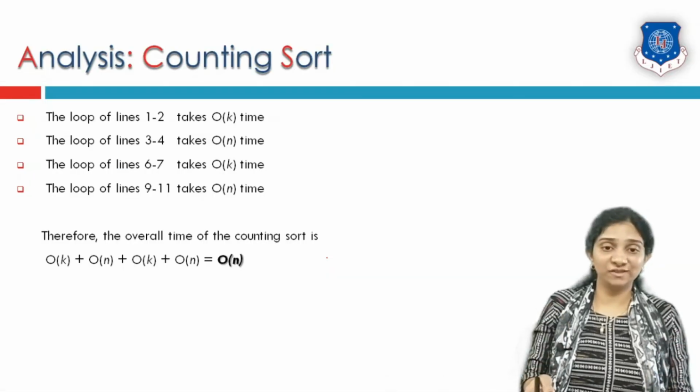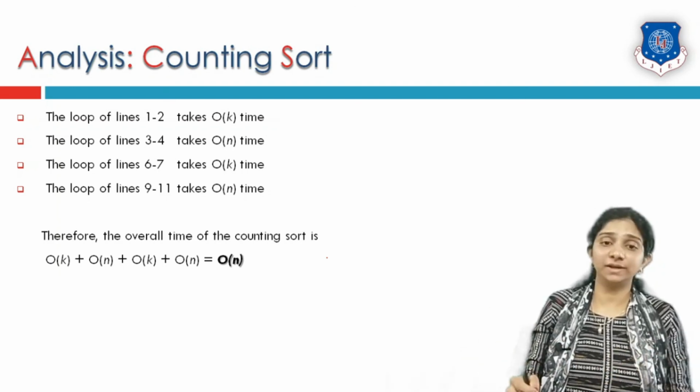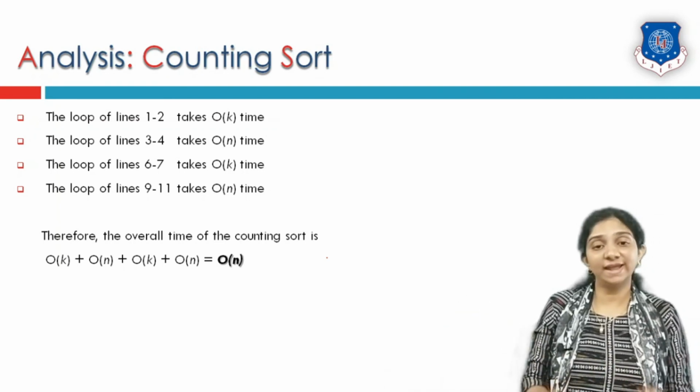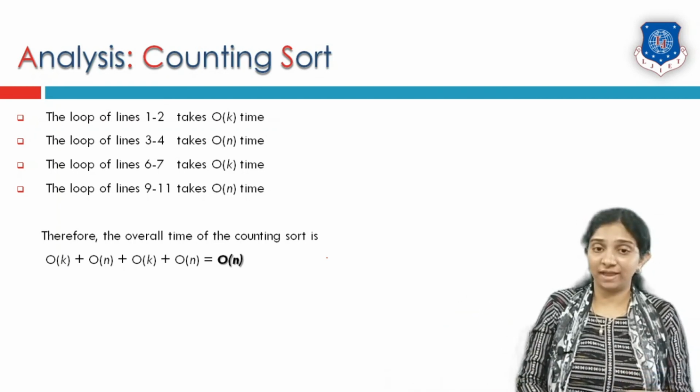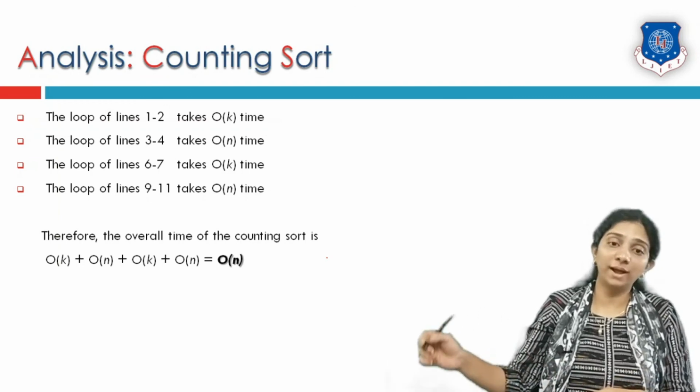In most cases, n, that is the number of elements, is always greater than the largest element itself. So in that case, we can directly write big O of n instead of the maximum of big O of n comma k.